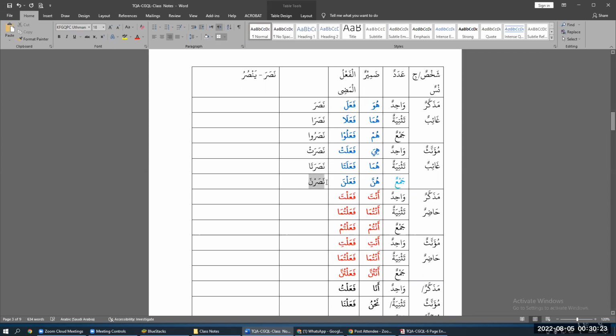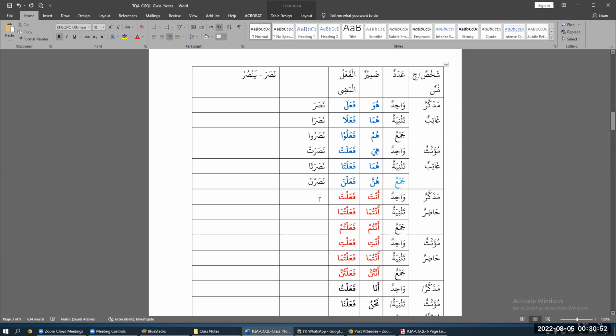What is important here? Here you know, in fa'alna, the lam kalima becomes sukun, and it will continue. See, it continues. So hunna nasarna.